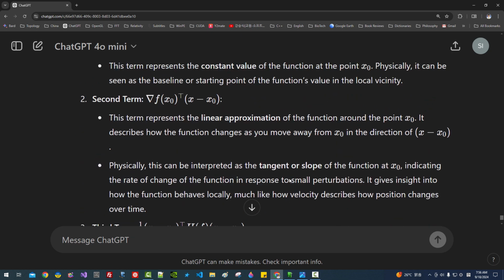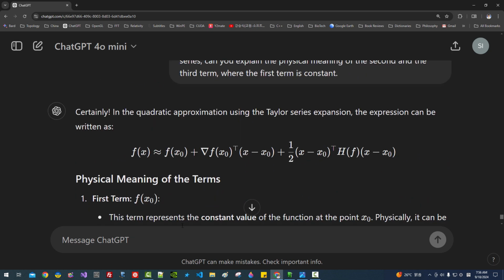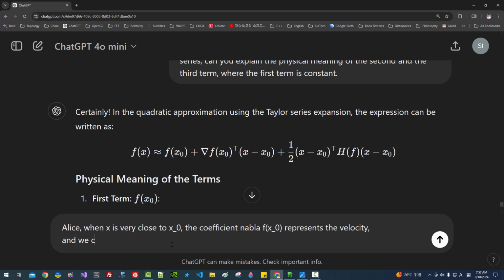I will scroll up here again. At least when x is very close to x0, the coefficient, the gradient of f at x0, represents the velocity, and we can find the Hessian matrix in the third term.